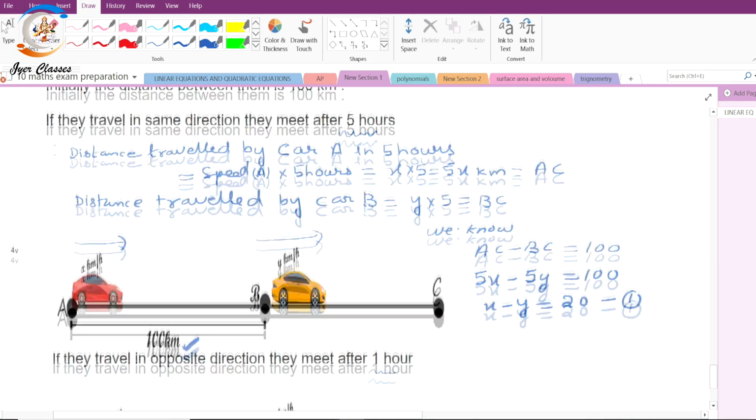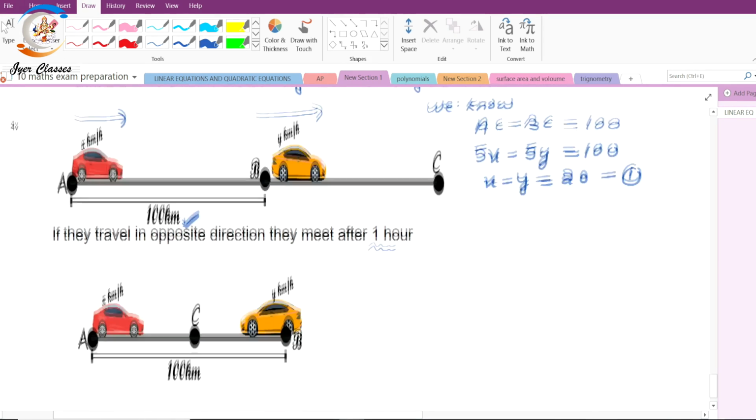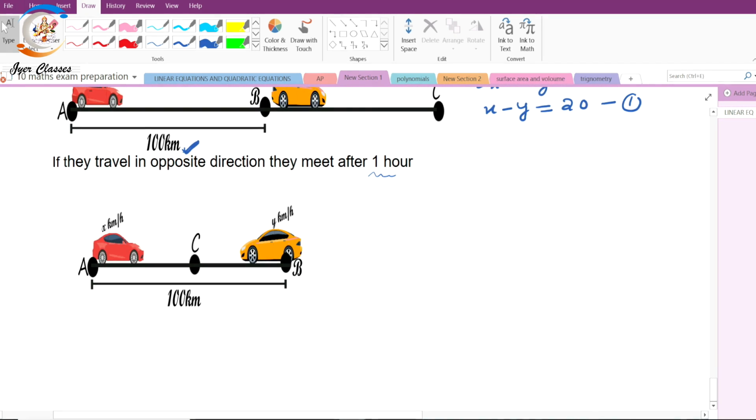Okay, now if the cars are traveling in the opposite direction, they meet in 1 hour. So you can see the red and the yellow car which are now traveling in the opposite direction. Car A is moving towards B and B is moving towards A, right? Now what is the distance traveled by car A in 1 hour?